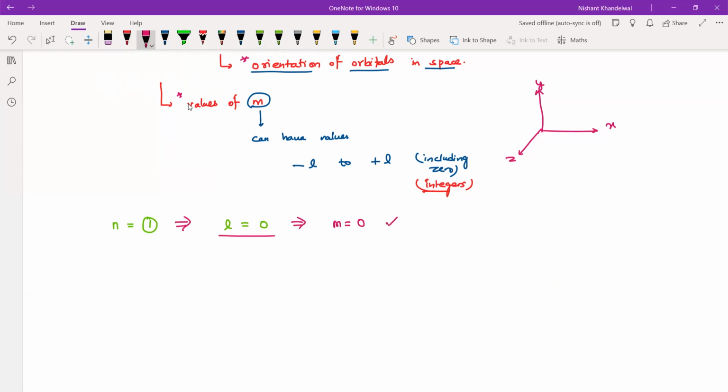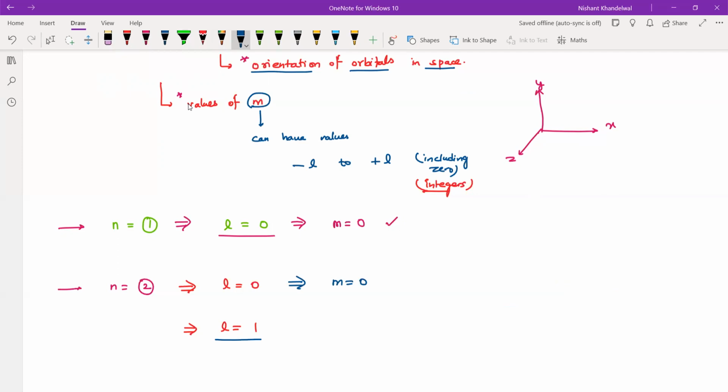Also 0. Very good. Now, second, if n is equal to 2, what will I have? First L is equal to 0, and second L is equal to 1. Yes, we can have two values. Agree? Okay. For L equal to 0, m is 0.